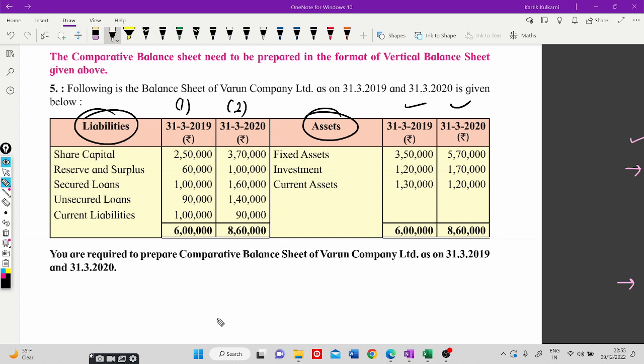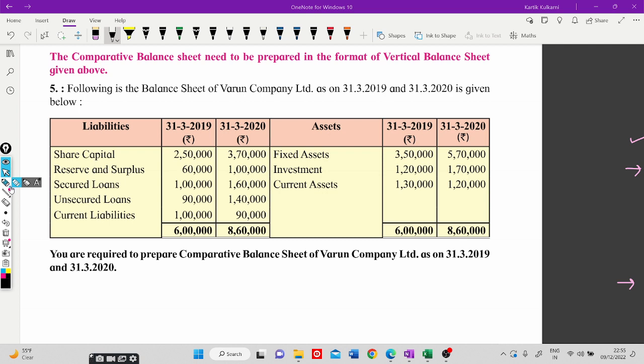Now we have been asked to prepare a comparative balance sheet. Comparative means we are comparing the data for 2 consecutive years.